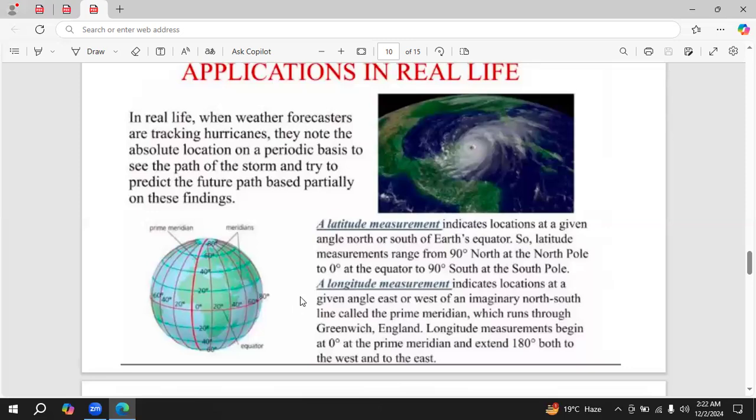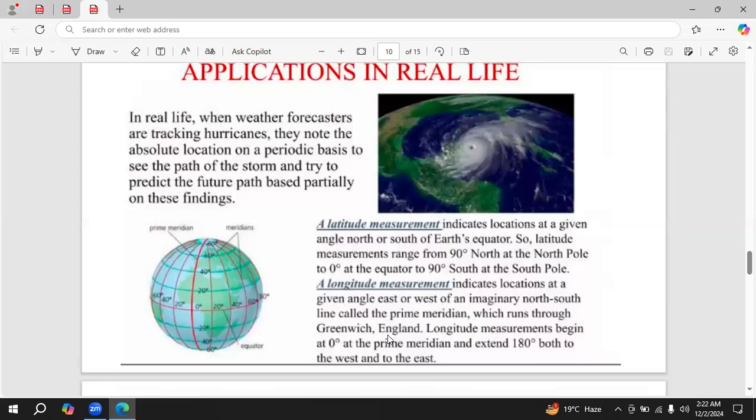Whereas on the longitude measurements, these horizontal lines indicate the location at a given angle east or west. This point is east and this is west of an imaginary north-south line called the prime meridian, which runs through Greenwich, England.